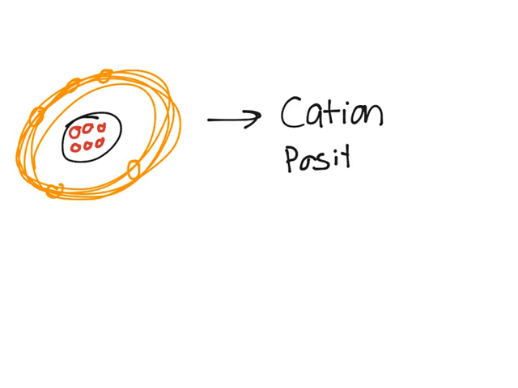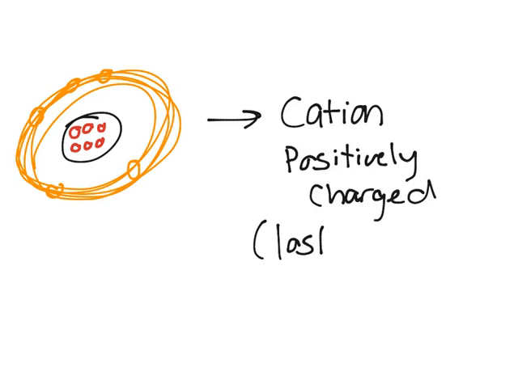Let's say we'll have 1, 2, 3, 4, 5 electrons. And so that would make this a cation, because it's positively charged. What that means is it just lost an electron.